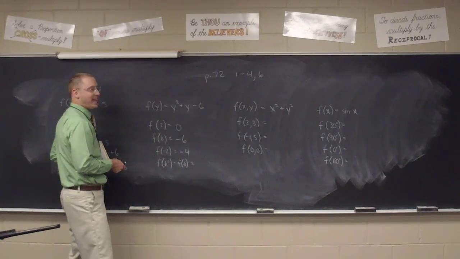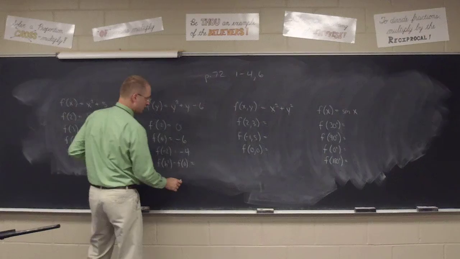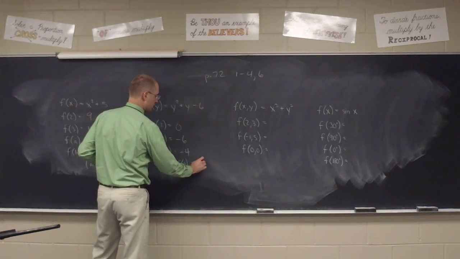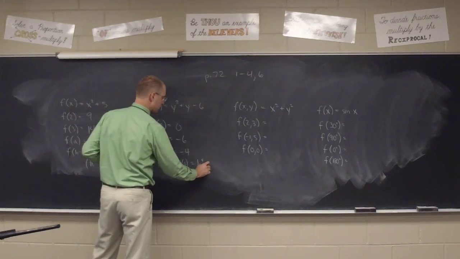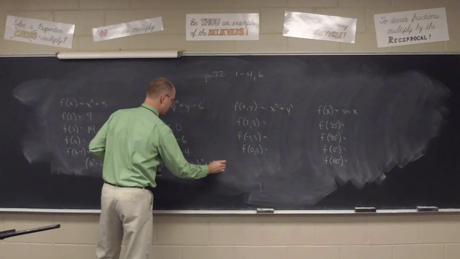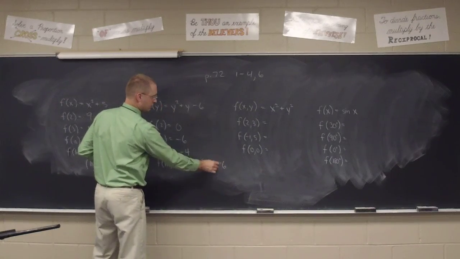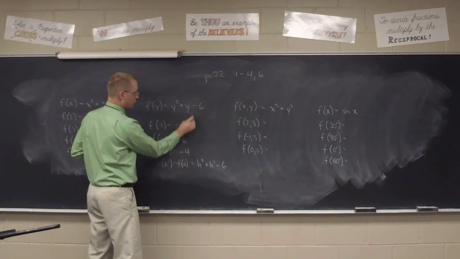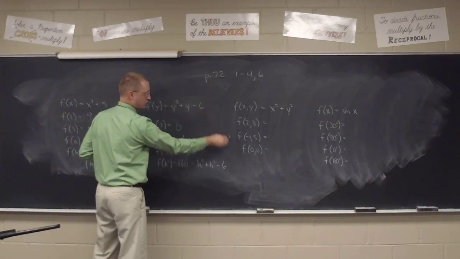Well, what would f of h squared be, Chris? F of h squared would be h to the 4th power plus h squared minus 6. Where'd you get the h from? Just minus 6, right? There's not a y to plug anything in for, so you square the h squared, you put the h squared, and there's no h squared put, so just negative 6.